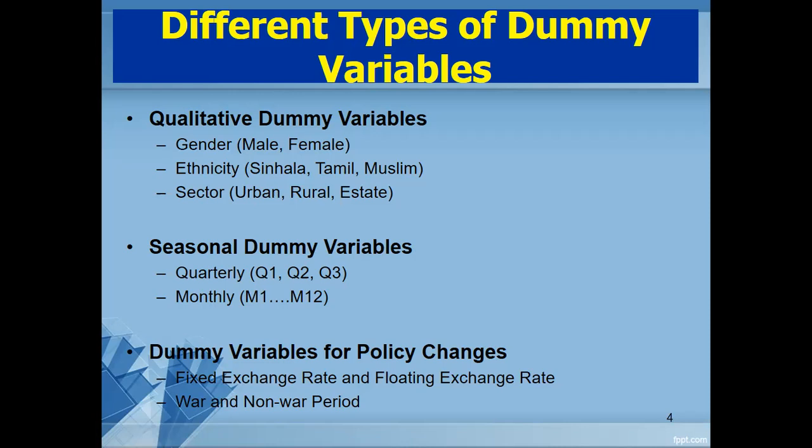During this period of time we have introduced a fixed exchange rate, but during this period of time, we have introduced a flexible exchange rate. And then the most apparent example is the war and non-war period. Before 2008 can be considered as the war period, and after 2008 can be considered as the non-war period.